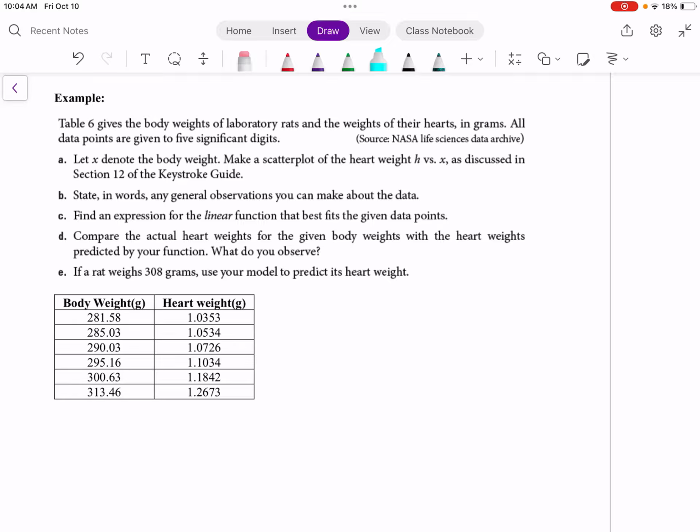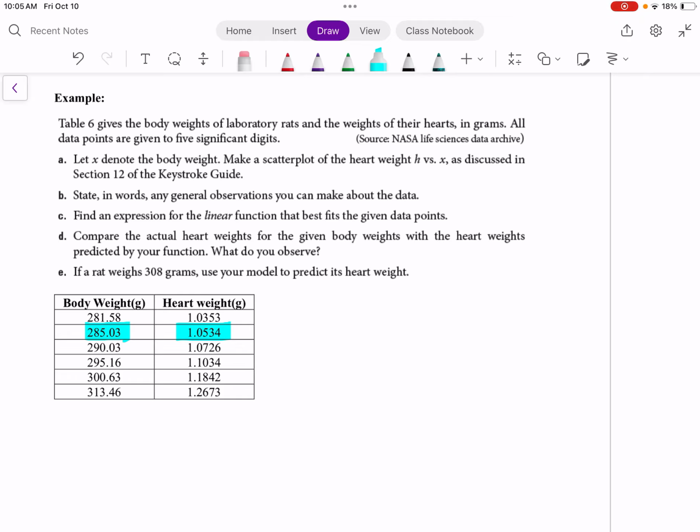When the body weight of a rat is 281.58 grams, the rat has a heart weight of 1.0353. In a similar way, for the rat with a body weight of 285.03, it has a heart weight of 1.0534. So first step, we have to identify the input variable and output variable.